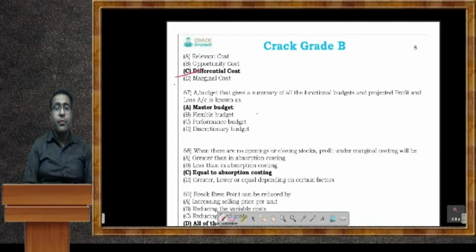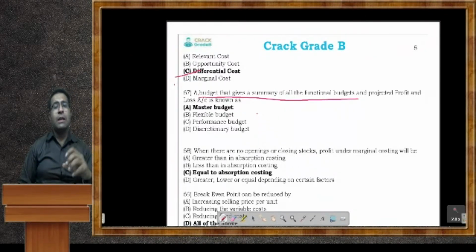A budget that gives a summary of all the functional budgets and the P&L account, the projected profit and loss, is regarded as the master budget. Only one budget in which profit and loss is prepared is regarded as the master budget.